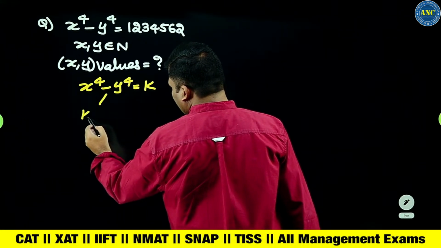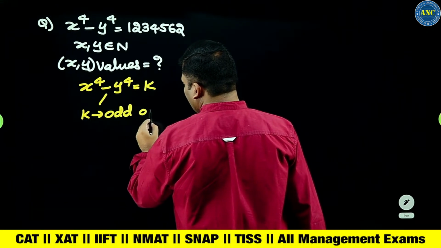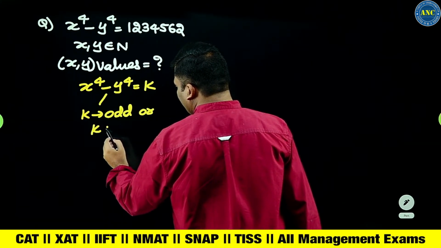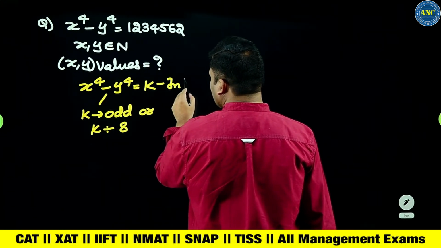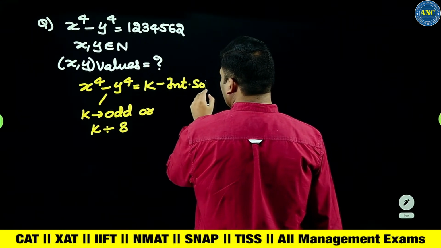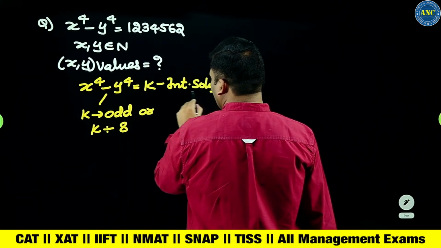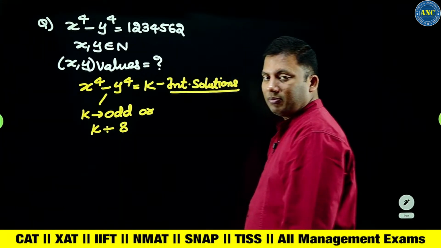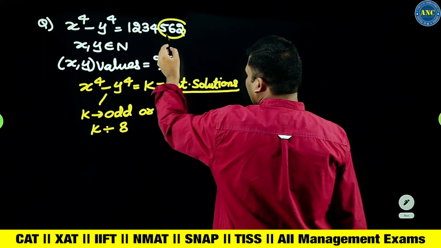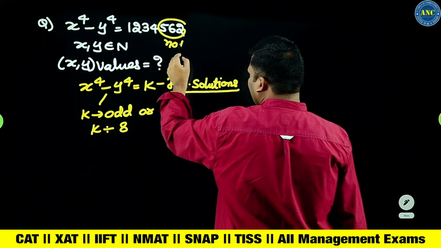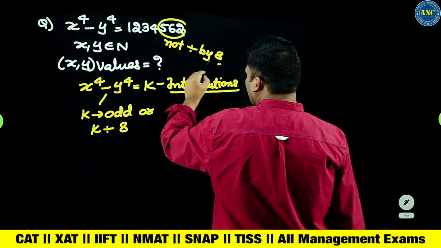What is the concept? K should be an odd number or k should be divisible by 2 into 4, that is 8. This equation has integral solutions only if k is an odd number or divisible by 8. 562 is not divisible by 8. 8 sevens are 56, so it is not divisible by 8.